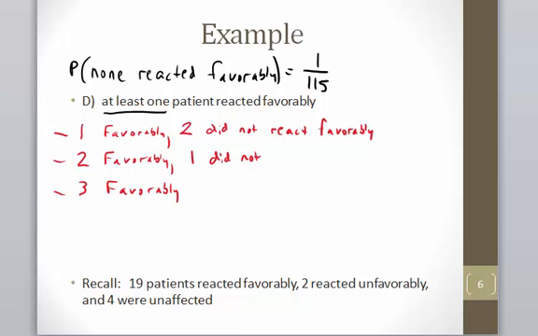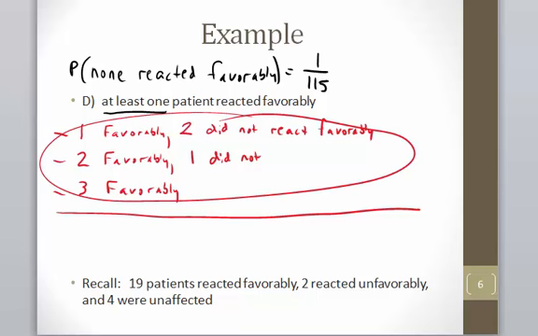Sometimes it might be easier to actually do the opposite of what the problem is asking for. So let's consider for a second the outcome that is not listed right here. Now, keeping in mind it may not actually meet the criteria of the question, but what else could happen if we select 3 patients?